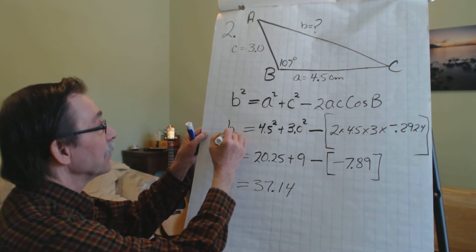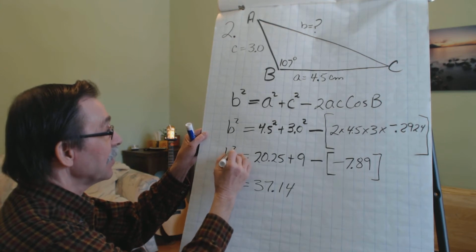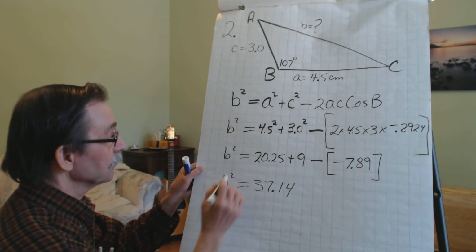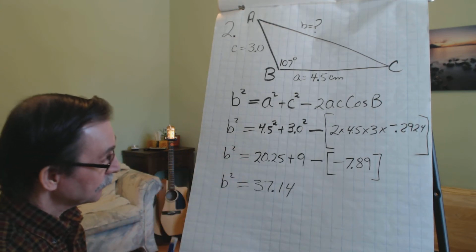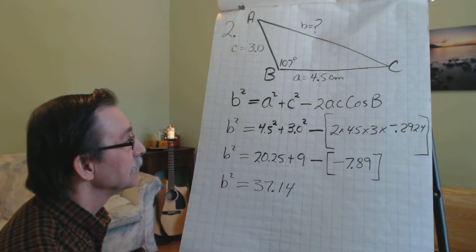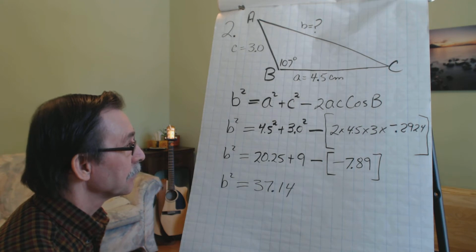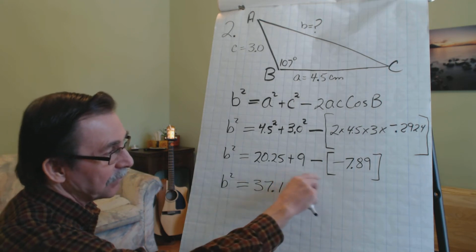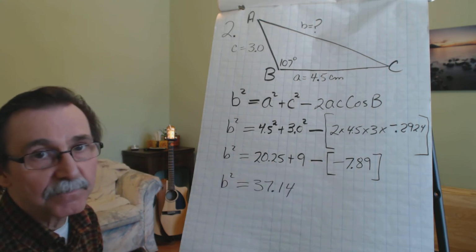Okay, and I'll pull my b's along here like I should have. 37.14. If you're getting in the neighborhood of 21, you're missing a sign.